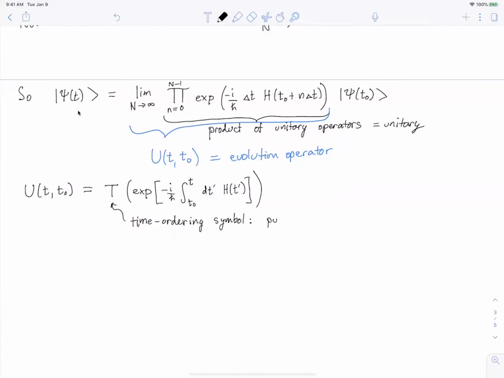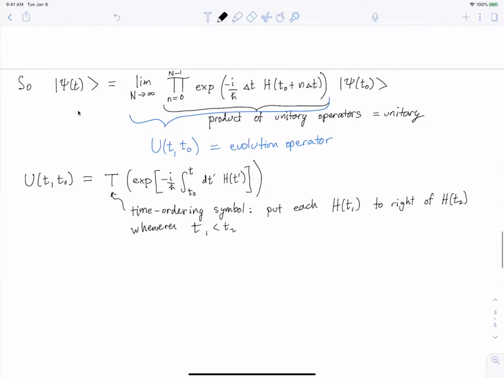So put each H of, let's say, t1 to the right of H of t2 whenever t1 is less than t2.